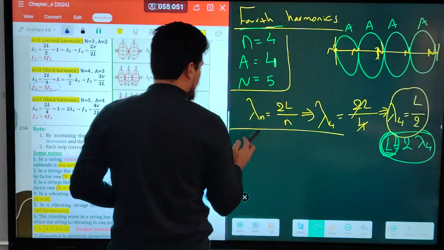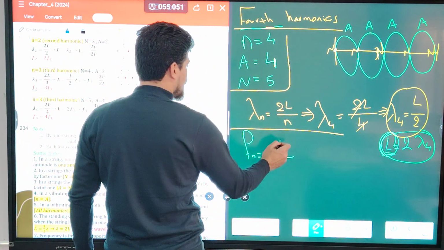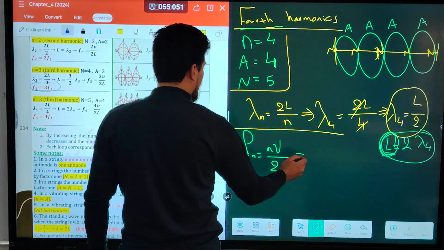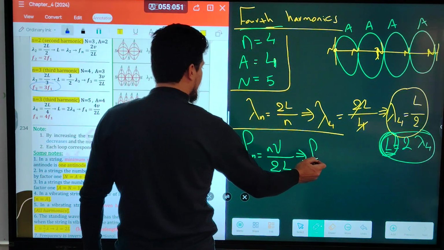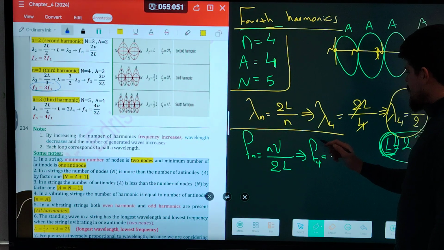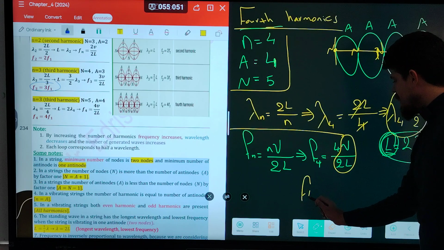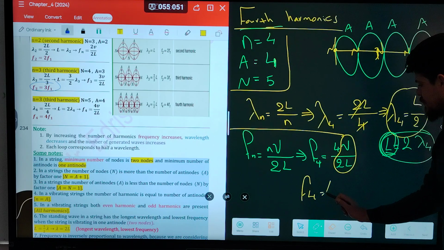How can you determine frequency? Frequency for each harmonic is nV over 2L. Instead of n, write down 4 for F4: 4V over 2L. Is it possible to bring down this 4?